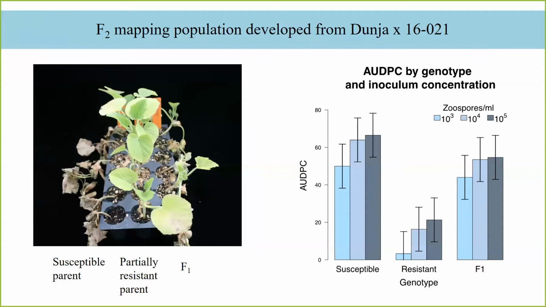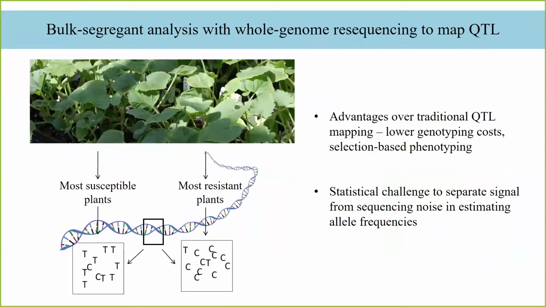And we can also see that the differences between the parents are robust to differences in inoculum concentration, where even inoculating the partially resistant parent with a suspension of 100,000 zoospores per mL, we observe less disease than on the susceptible parent inoculated with a suspension of 1,000 zoospores per mL.